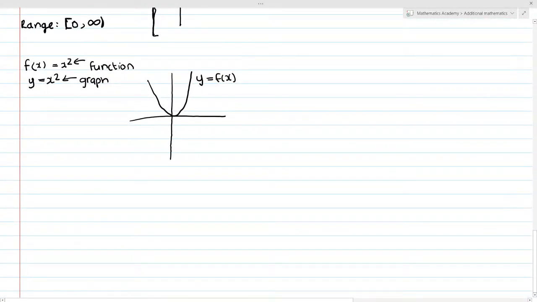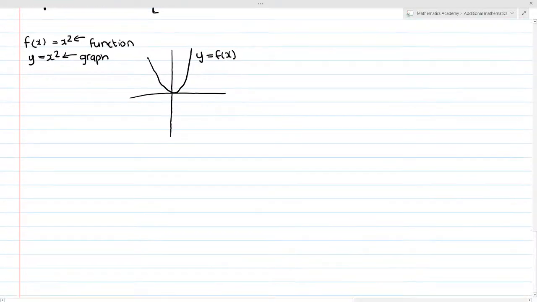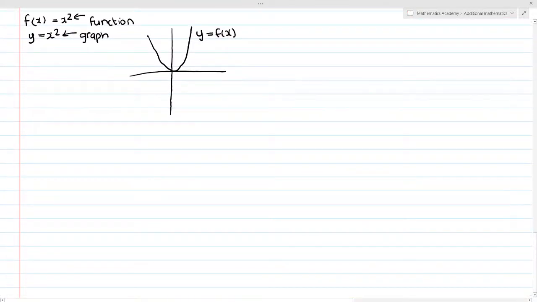It's just a matter of notation. To be precise, when we write y equals x squared, we're talking about the graph, or the curve, and when we say f of x equals x squared, we're talking about the function. But from now on, you can use y and f of x, or think of them as the same thing.